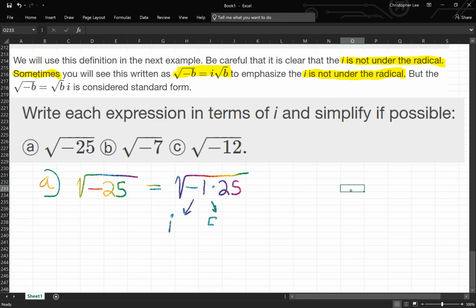Whenever we write these together, we always put the number first and then the I. So the final answer here should be 5I. And then that's it.